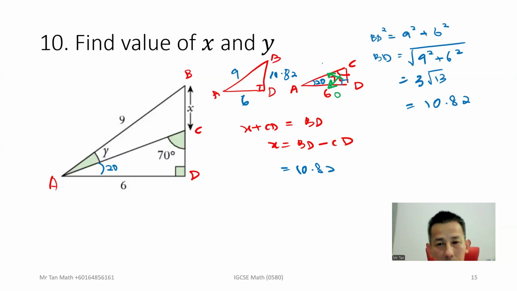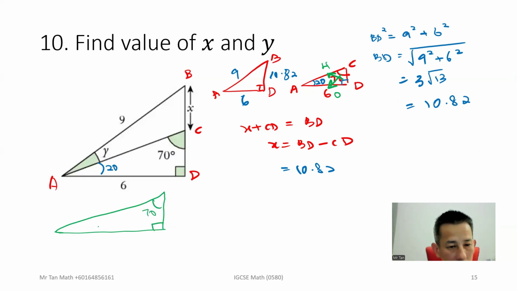And this will be the hypotenuse. This is 70. This will be 26. Okay, you want to find CD. You just take one of the angle, 70.